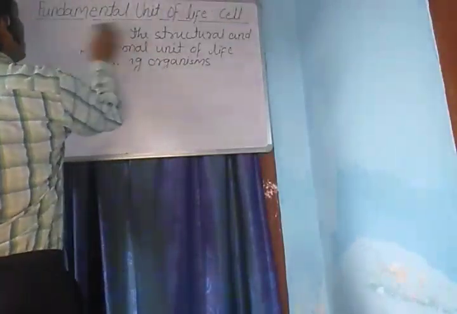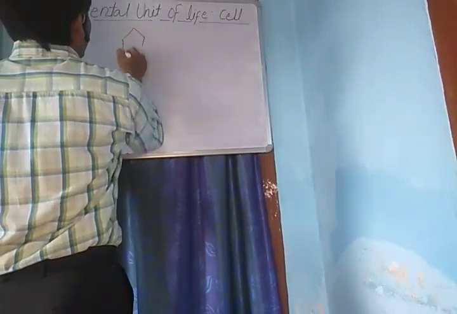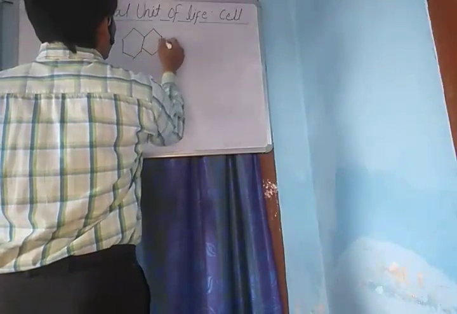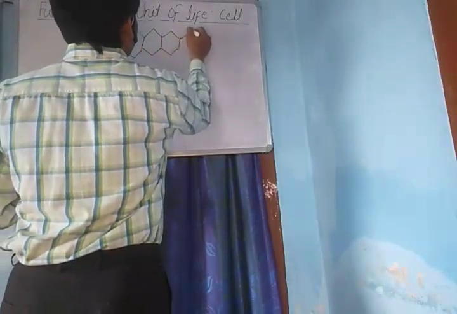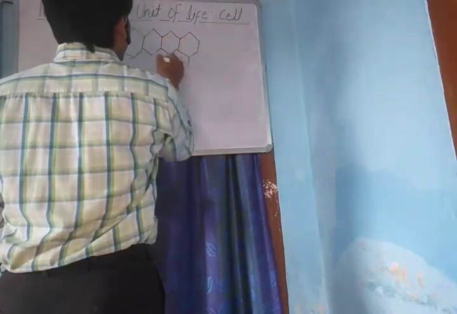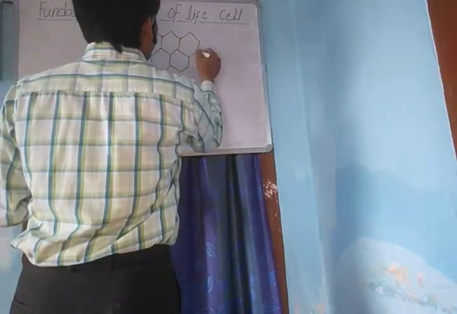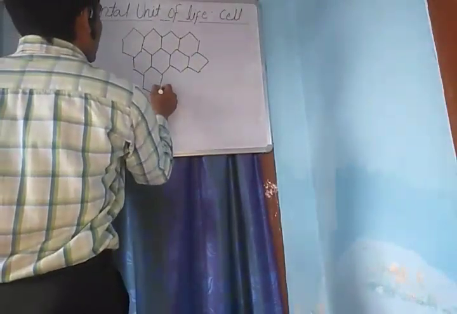He prepared thin slices of the cork or bark and observed under the microscope. Then he saw an amazing structure inside, a honeycomb like structure. The honeycomb like structure was seen by Robert Hooke in 1665.